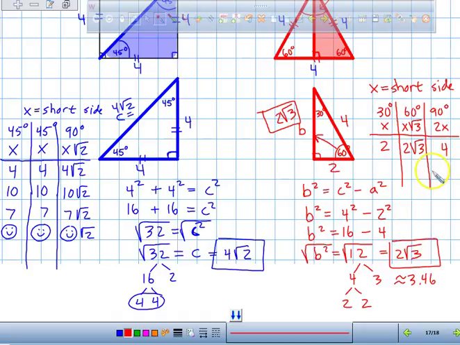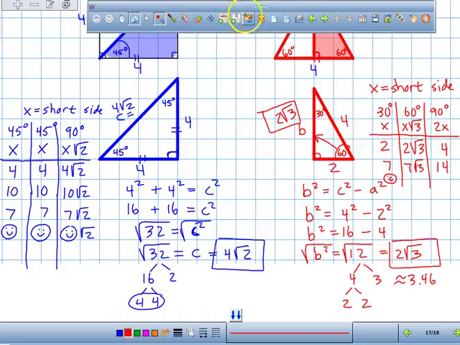Now we're going to give you some more examples. Let's just say I made up an example and said, what if your shortest side was a 7? What's your middle side going to be? 7 radical 3. What's your hypotenuse going to be? 14. One more. Since I'm running out of room, what if I said your length was a happy face?